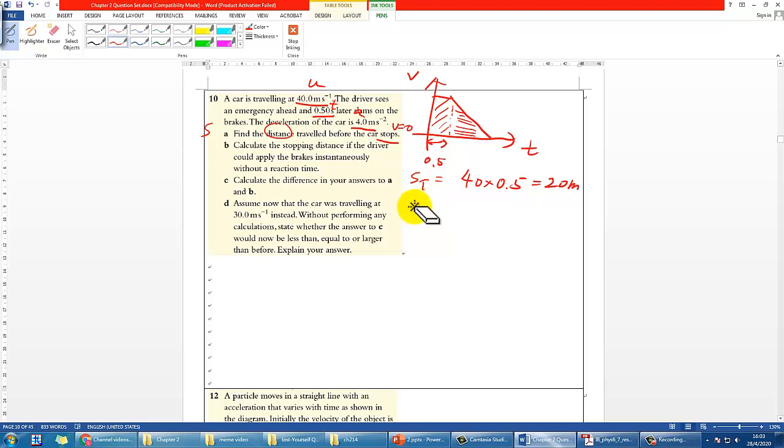So I would prefer using v squared equals u squared plus 2as, and then v is 0, u is 40, because you may want to use v in your equation because it's 0, 0 is just nice to calculate. u is squared, and then 2a is 4, so be careful, this 4 is not positive 4 but negative 4 because it's deceleration. And then s, and by using your calculator you should find it is 200 meters.